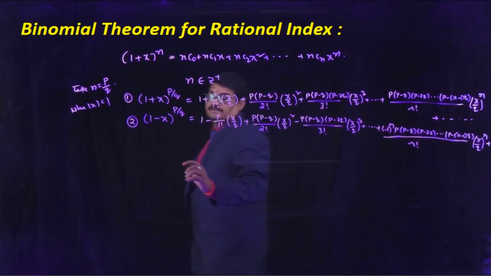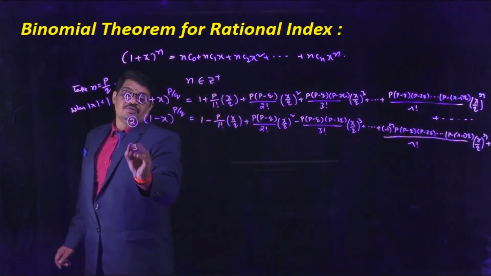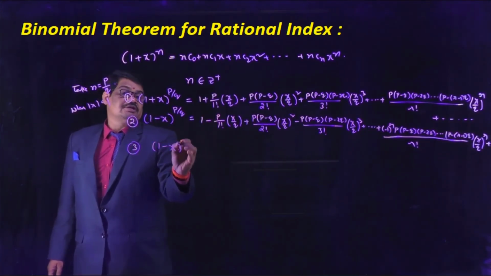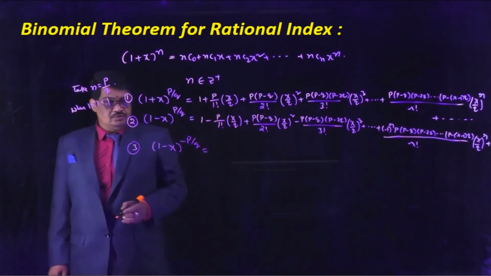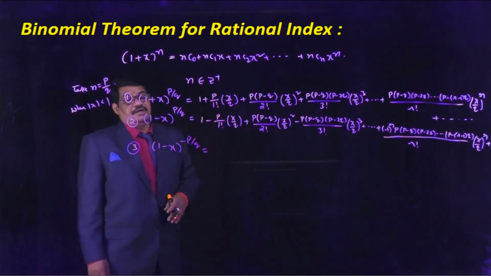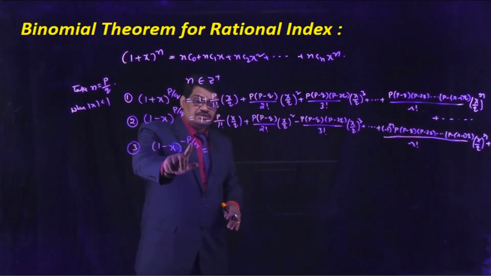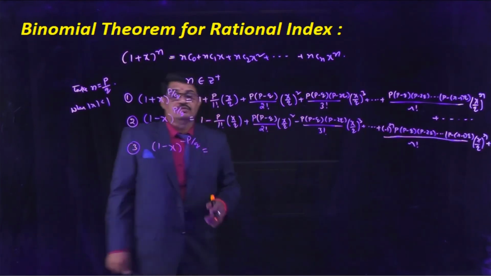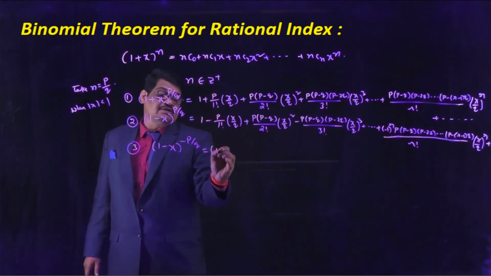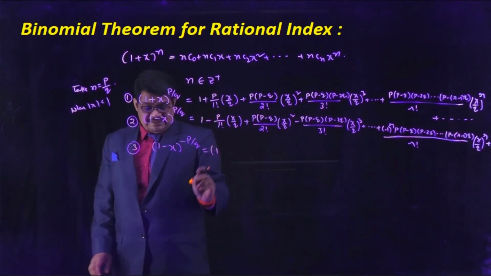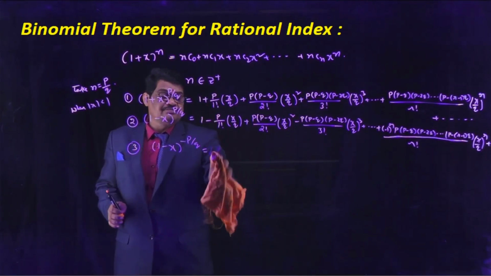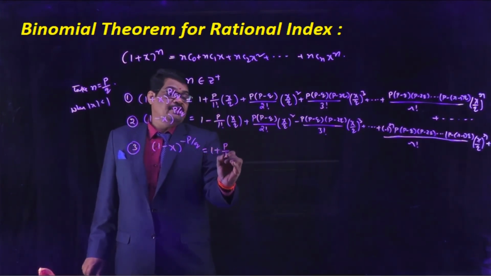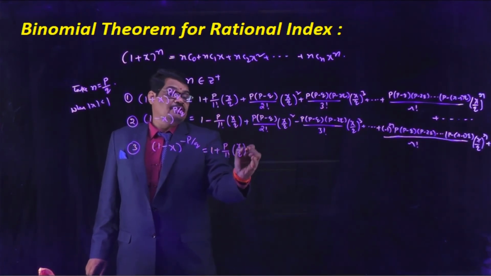Okay, next one, that is the third one. Here we write (1−x)^(−p/q). Here the index is a negative rational number, and this expansion is like that: 1 plus p by 1 factorial into x by q.